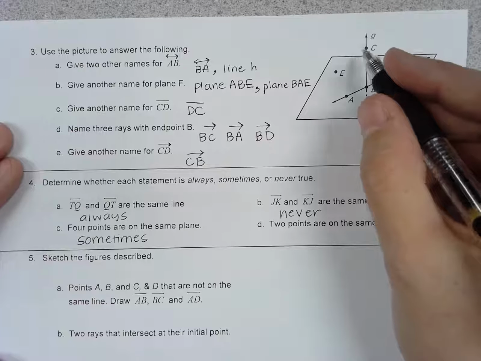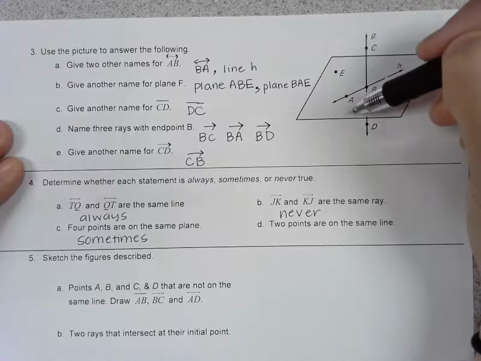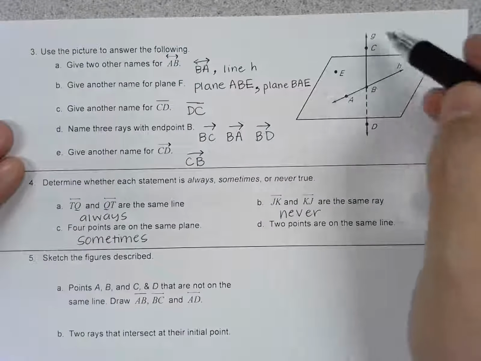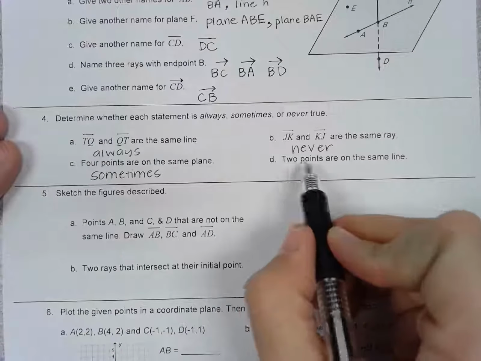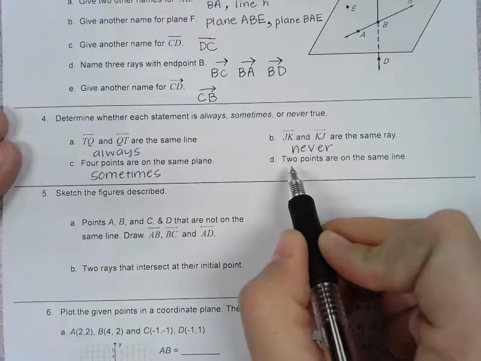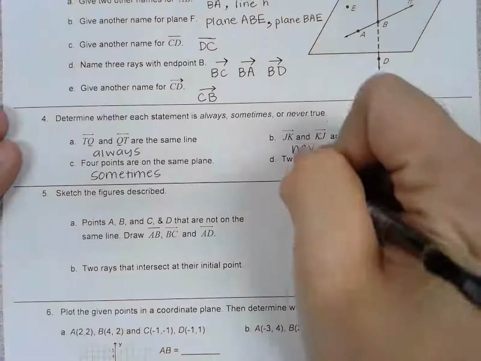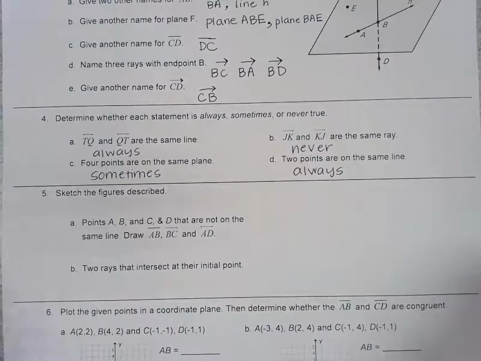You could tilt it at a slant, and you could draw a line through points E and C, or you could draw it through points A and E, or you could draw it through points E and B. So just because there's not a line drawn on the picture doesn't mean that it's not going to necessarily be true. So one of the things that's true about lines is that 2 points can always be on the same line if you draw the right line through them. And so the answer to this one is always.